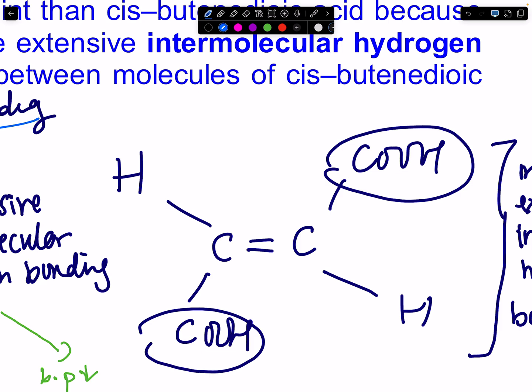And when you don't have this intramolecular hydrogen bond, you'll be more open to form extensive intermolecular hydrogen bonding. And as a result of that, your boiling point will increase. Are you now able to see how even though you have the same structure, yet your physical properties are different?